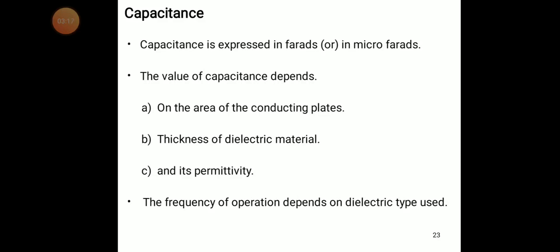Depending on the thickness, the capacitance may change, and also the permittivity of the dielectric material. The frequency of operation also depends on what type of dielectric we are using. This is about the capacitance specification.